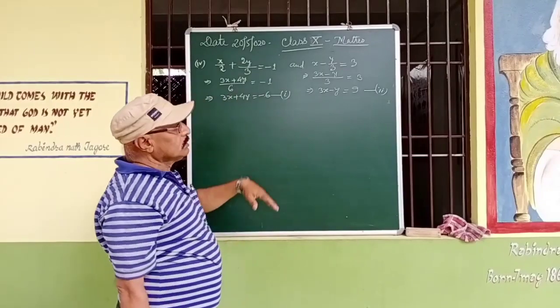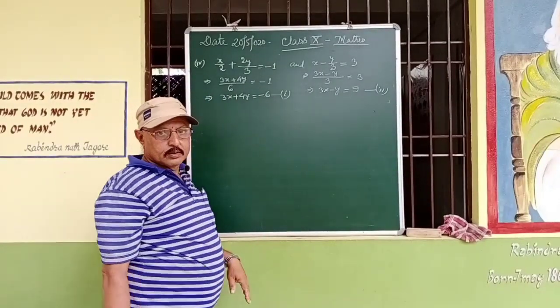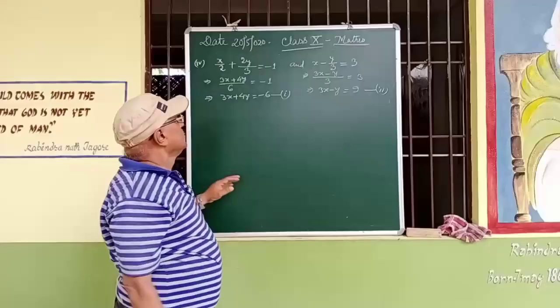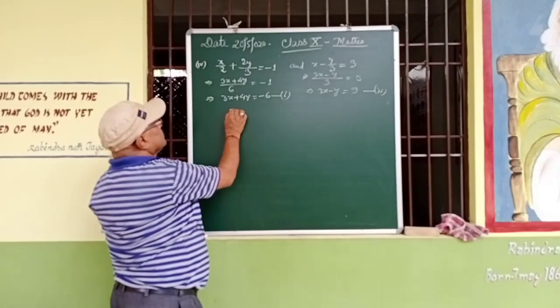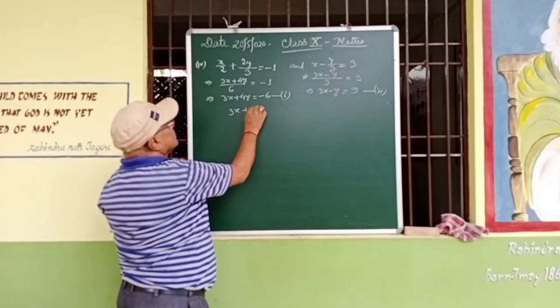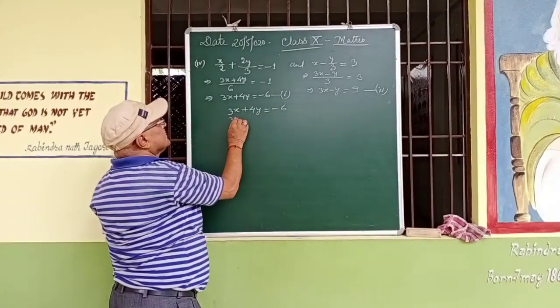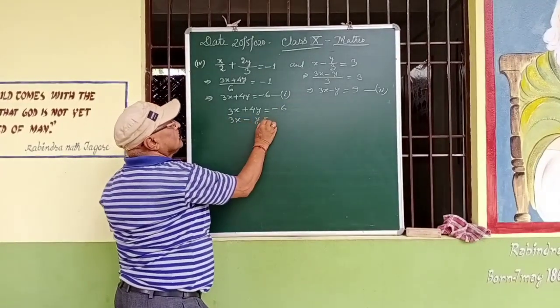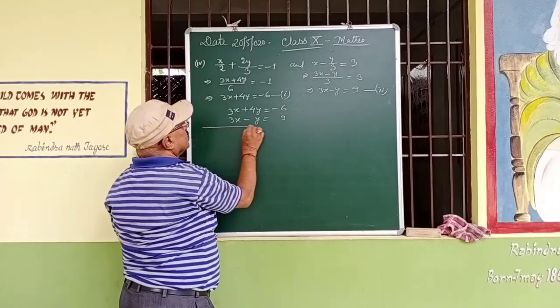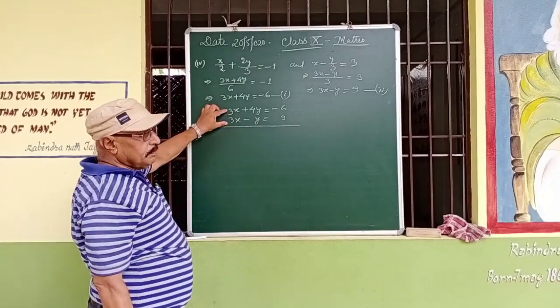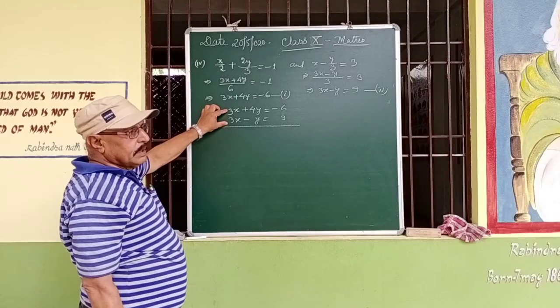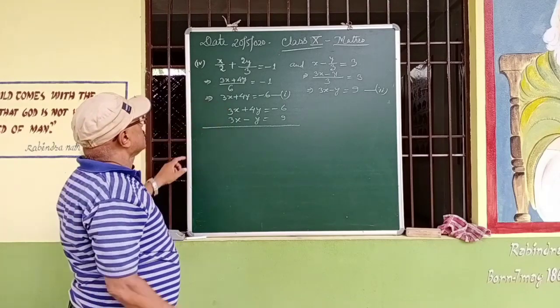So in both cases we have the same coefficient, that's why no need to multiply, we just subtract. Okay, 3x plus 4y is equal to minus 6, and 3x minus y is equal to 9. Both have the same sign, then we subtract.